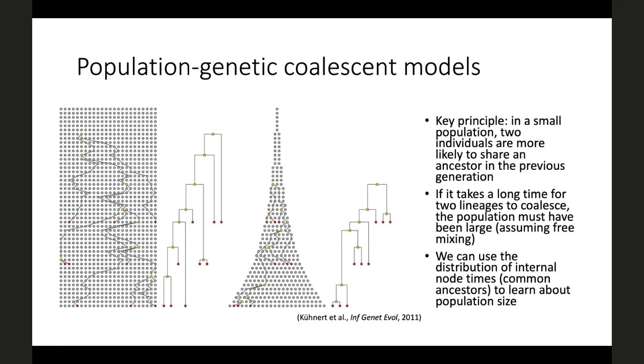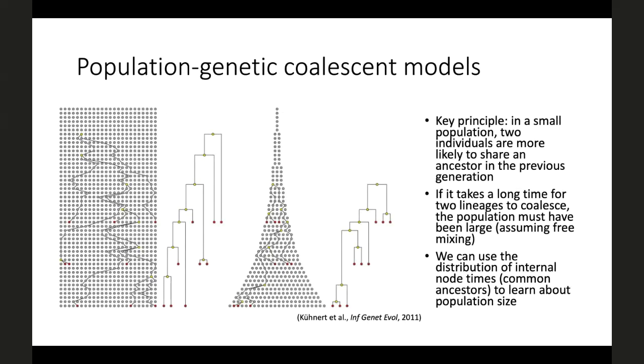This assumes free mixing of organisms, which is usually violated in practice, but it can be a reasonable generalization. And then you can use the distribution of internal node times, how quickly lineages meet a common ancestor, to learn about the size of the population.